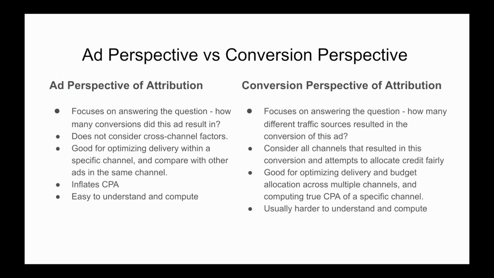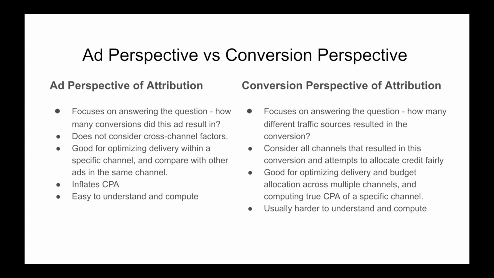So now let's do a more detailed conceptual comparison between the two methods, the ad perspective versus the conversion perspective. The ad perspective focuses on answering the question, how many conversions each of my ads has resulted in. It usually does not consider cross-channel factors because it's very laser focused on a specific ad.